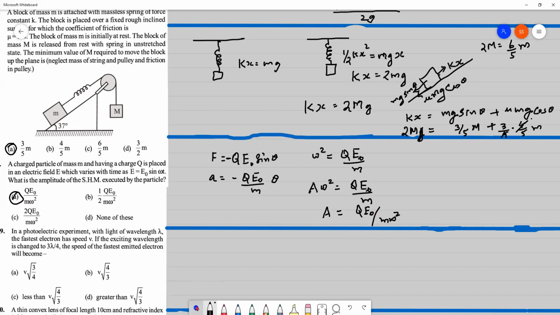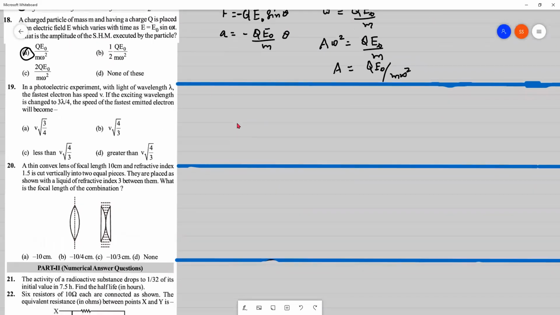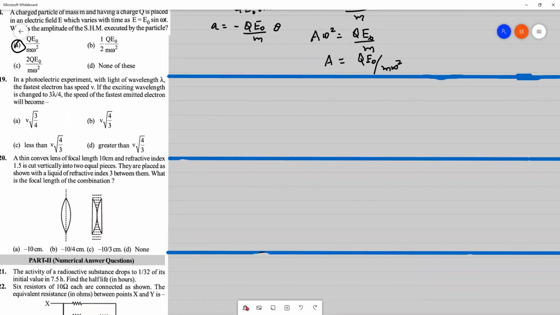So the next question is, the 19th question is, in a photoelectric experiment with a light of wavelength lambda, the fastest electron has speed v. So half mv squared is equal to hc by lambda minus phi.